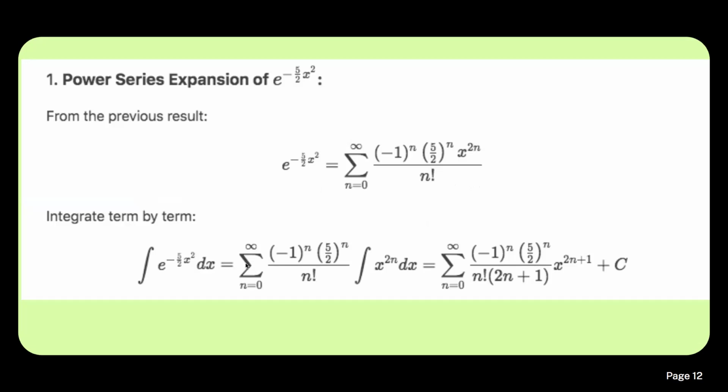Obviously this is a continuous function, so we can integrate the whole part separately and sum all the parts of the integral. Then we get this part, and this one we can integrate, right? The integral becomes x^(2n+1) over (2n+1), plus C.